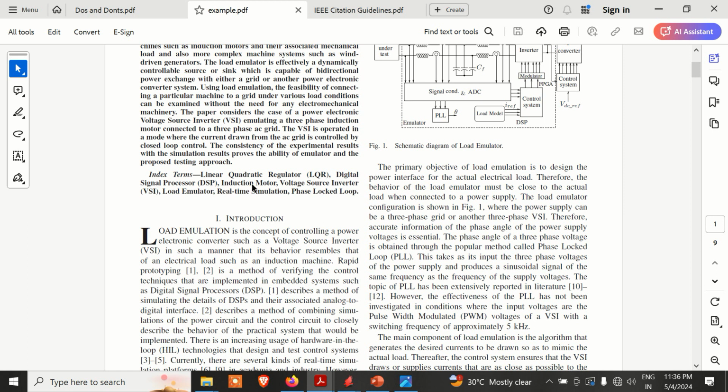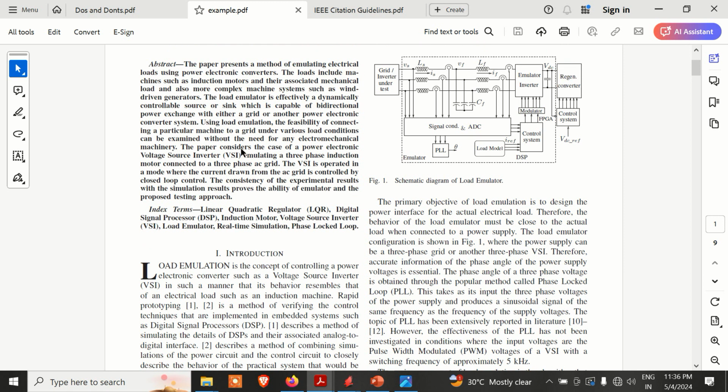And there will be some index terms in a transaction. Index terms means keywords which describe the area of your work in a few words.